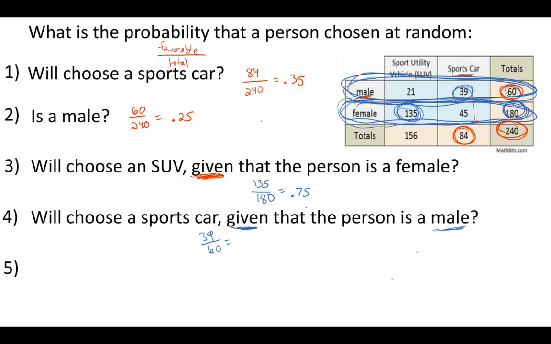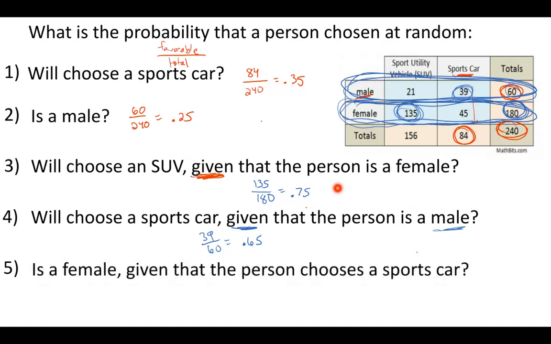So we do 39 divided by 60, and we get 0.65. So females 75% of the time chose SUVs, and males 65% of the time chose sports cars. So you could definitely say females prefer the SUV, males would prefer the sports car.